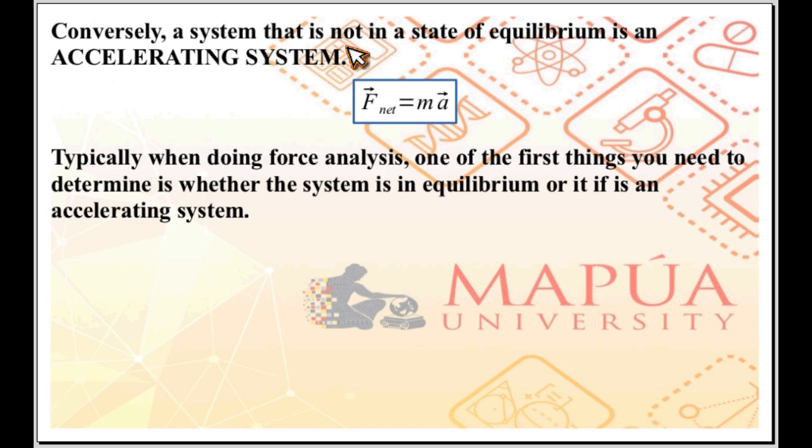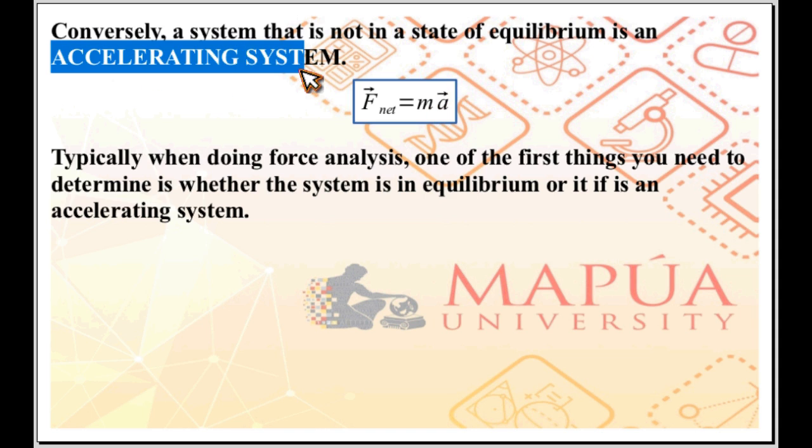Conversely, a system that is not in a state of equilibrium, F net is not equal to 0, which means F net is equal to ma. The system is accelerating. You have an accelerating system.